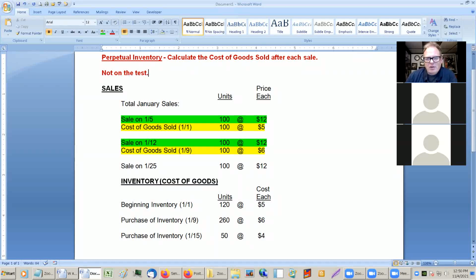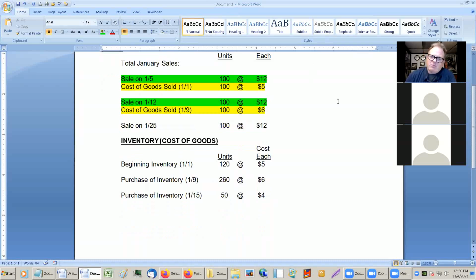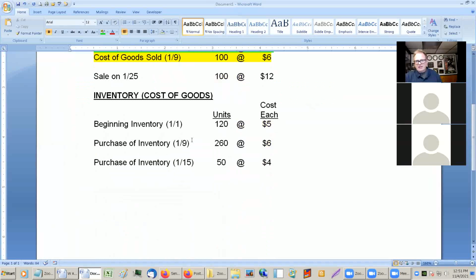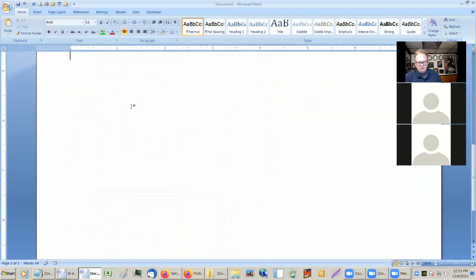By the way, I don't know if I told you, there's actually dozens of ways to keep track of inventory. I know it sounds strange, but they're all accepted. I might as well talk about it now. When we talk about inventory, we're talking about kind of like depreciation. It's the allocation of cost.